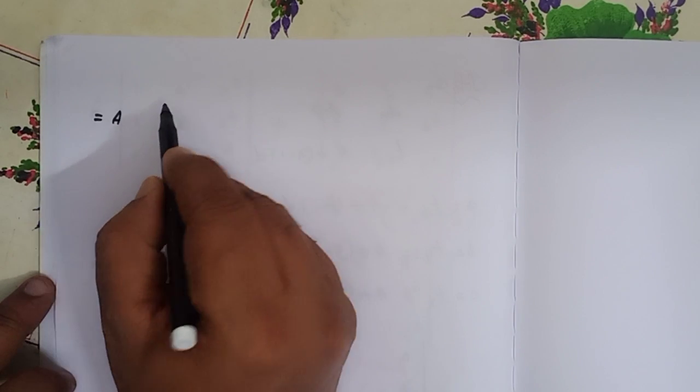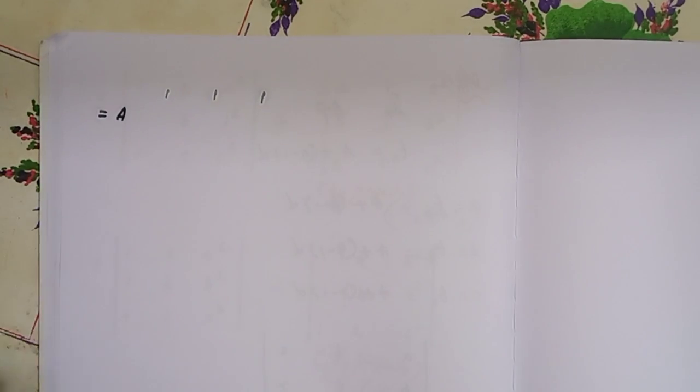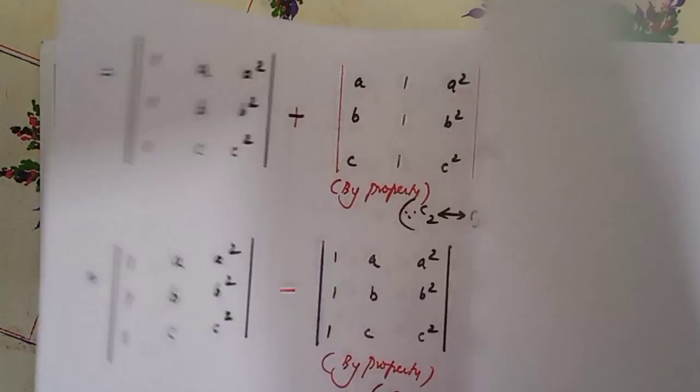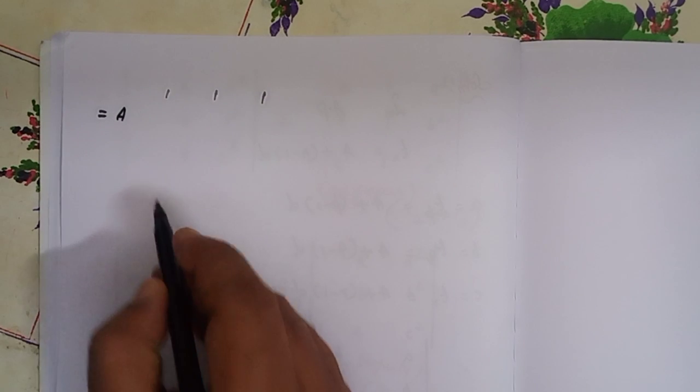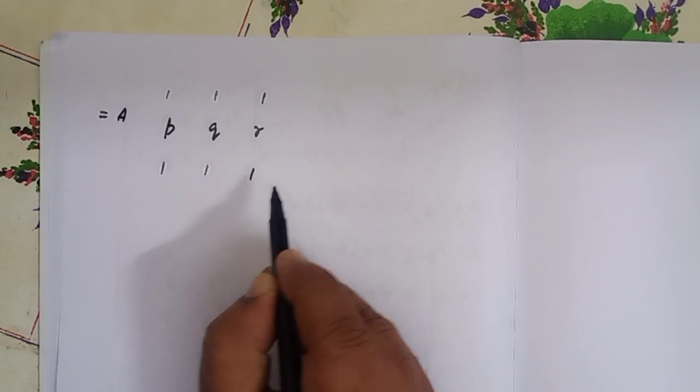Since we are taking A as common, the first row becomes 1, 1, 1, the second row p, q, r, the third row 1, 1, 1.